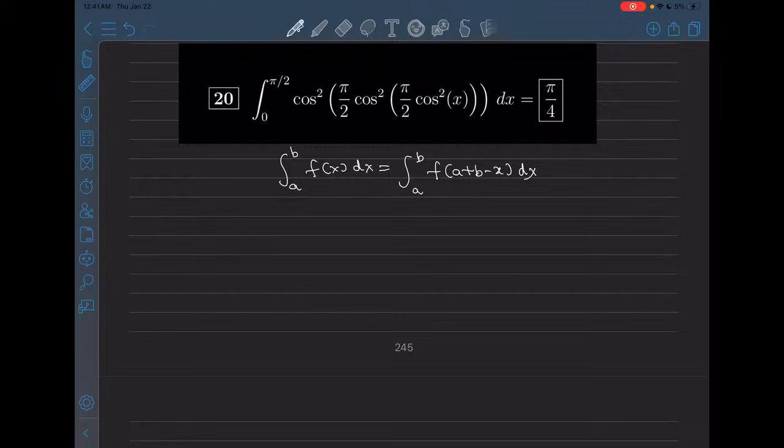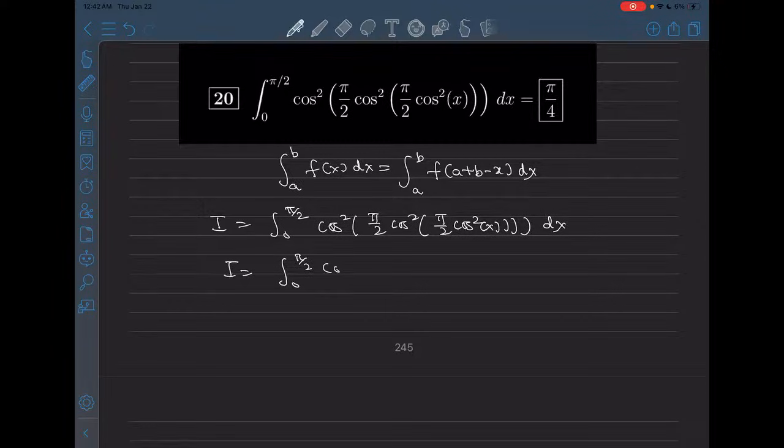If you do the same thing, this integral I over here, cos square pi over 2 cos square pi over 2 cos square x dx, is also equal to the integral from 0 to pi over 2 of cos square pi over 2 cos square pi over 2 cos square of pi over 2 minus x, right?